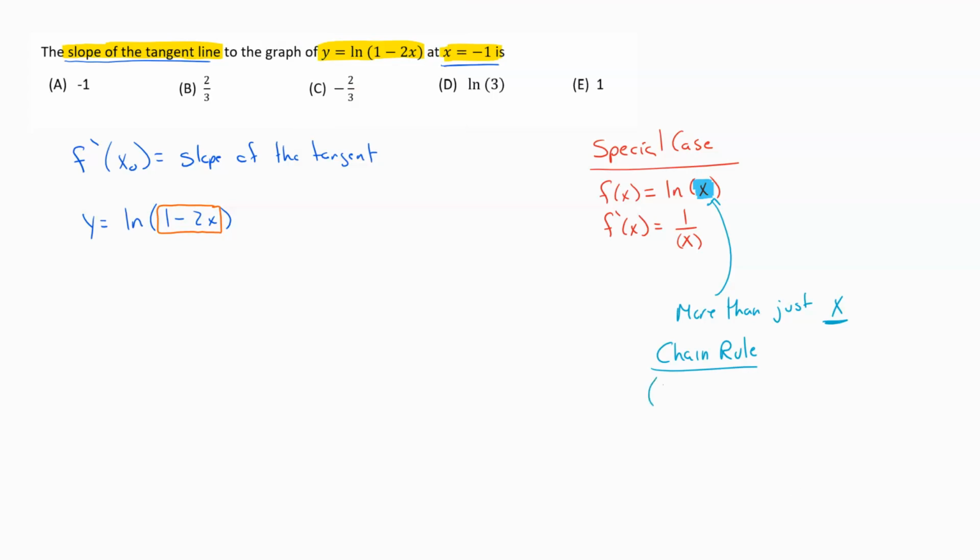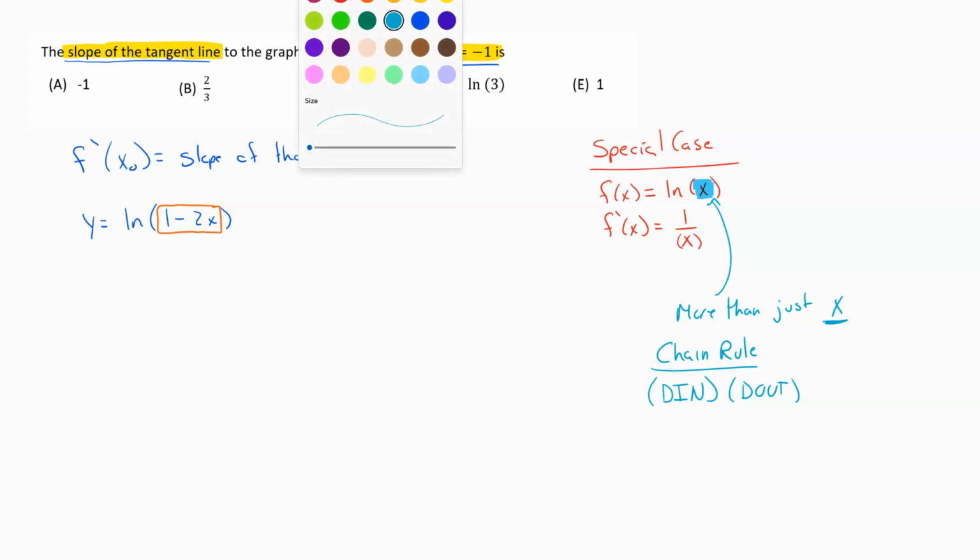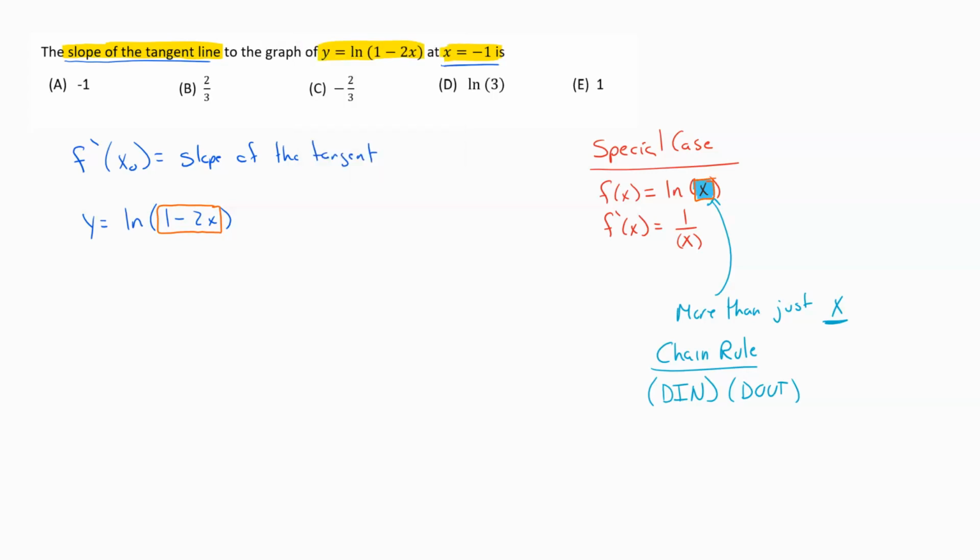My chain rule recipe, my chain rule saying that I use goes d in times d out. I take the derivative of whatever got plugged into that natural log, and I multiply it by the derivative of the outside, which will just follow the special case. So putting together my dy dx right now, my inside piece is this 1 minus 2x.